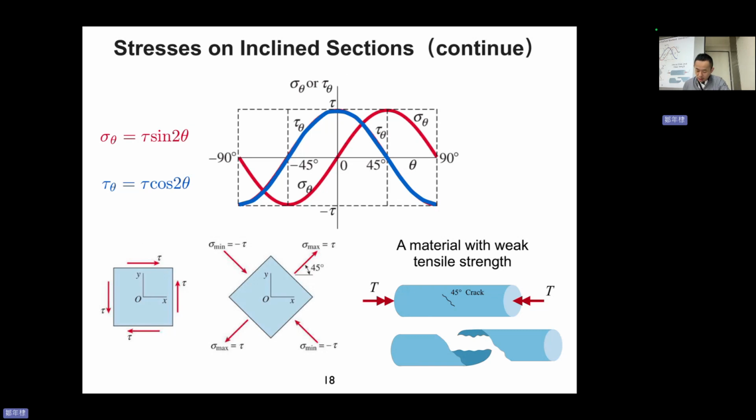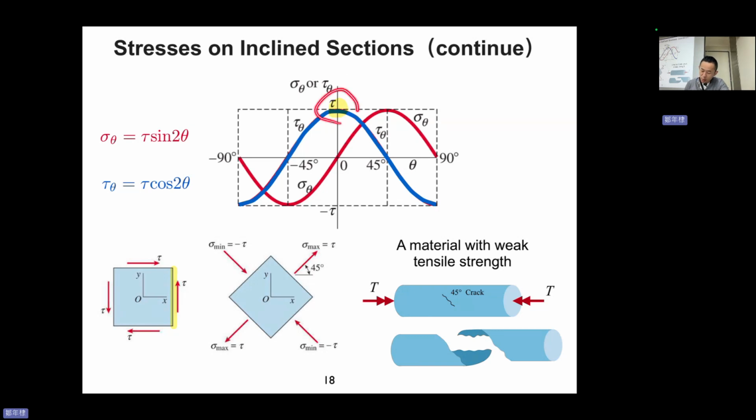diagram. Okay, so in pure torsion, if your focus face surface is this one, which means that your theta equals 0.